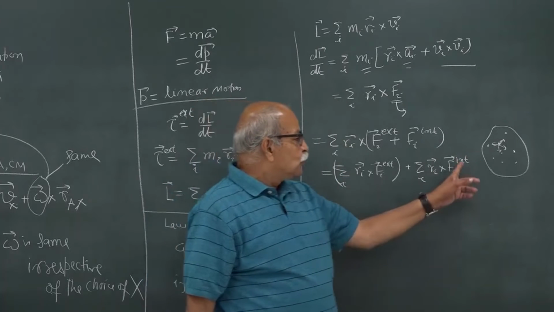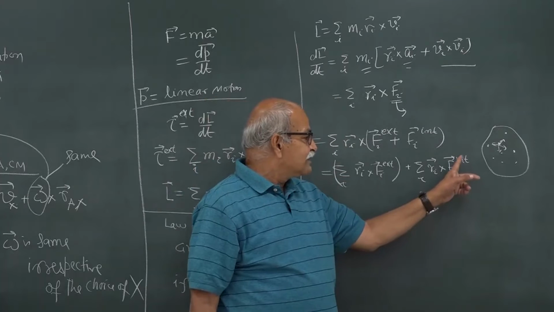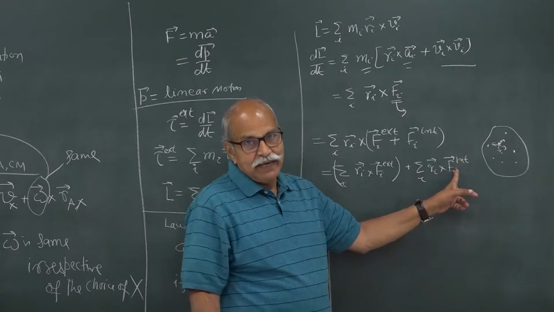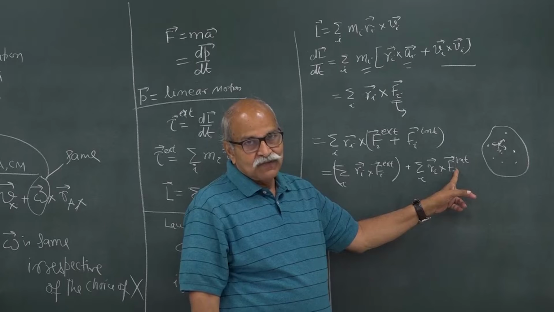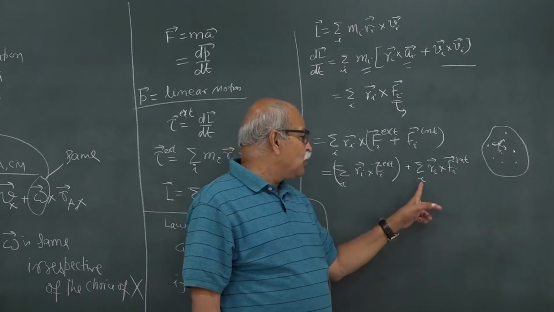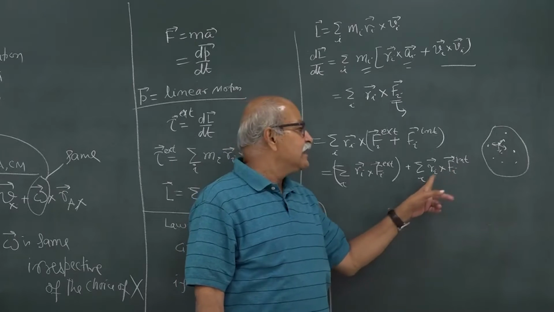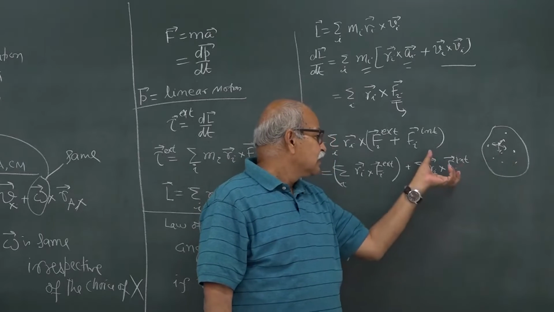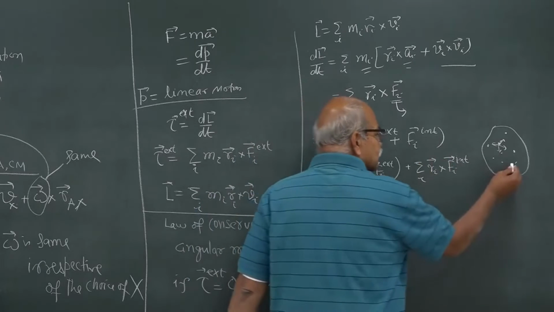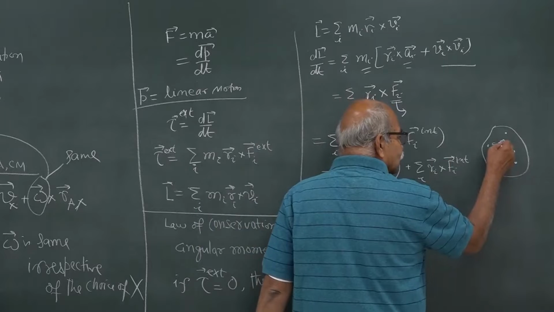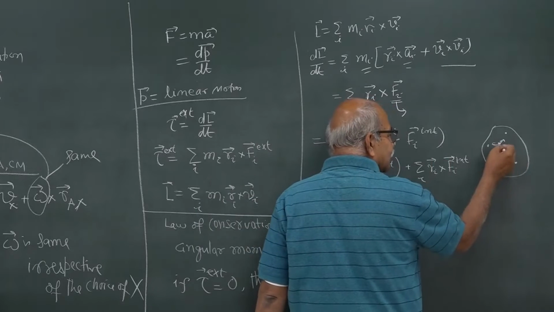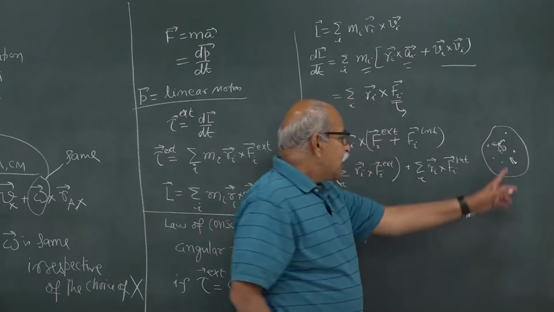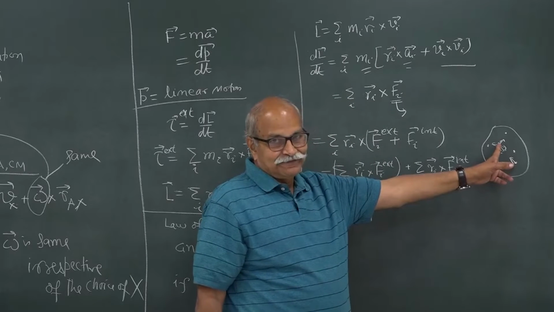Now, it is true that if you add all these internal forces on the ith particle, you may get some non-zero value. But when you sum over i and take this particle also into consideration, this particle is also attracting it by that same force, this is attracting here and this is attracting here, and that sum will be 0.